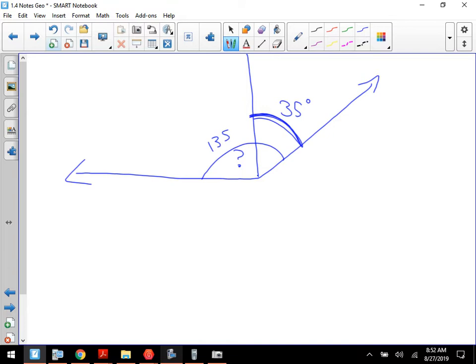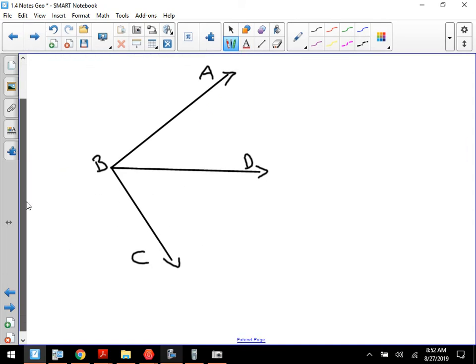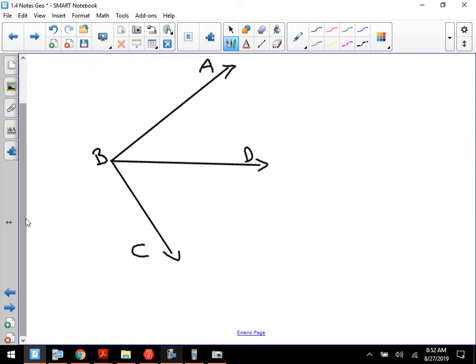So with this idea of angle addition, if I use this diagram here, what's the largest angle you see? What are the three letters that make up the big angle? Angle ABC.